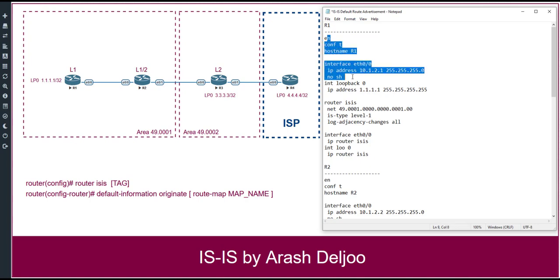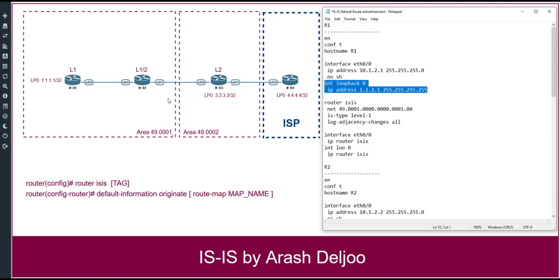Starting with router 1, in router 1 we have the hostname R1. Also we have ETH0/0 with the IP address of 10.1.2.1/24, and also interface loopback 0 with the IP address of quad 1, quad 255. Then I configured ISIS on this router with the router isis command. The net is 49.0.0.0.1, and this is the system ID, and then the n-selector.